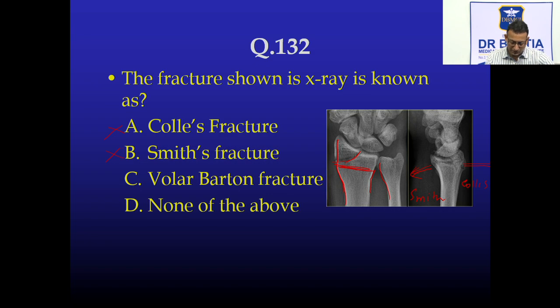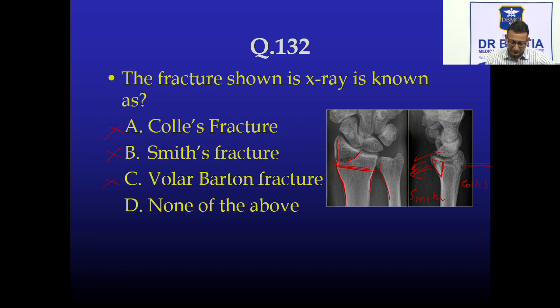Another option mentioned is volar Barton fracture. Volar Barton fracture is a coronal fracture of the distal radius, where the distal fragment gets displaced on the volar side along with subluxation and dislocation of the carpal bones. But in this case you can see the carpal bones are nicely situated in the fossa of the distal radius. So this is not even a volar Barton fracture.